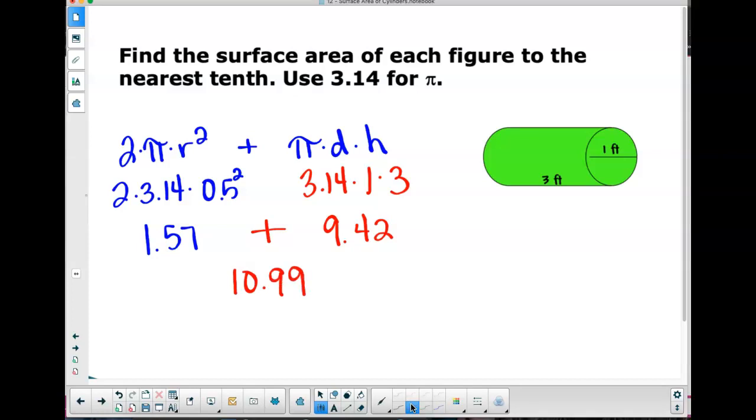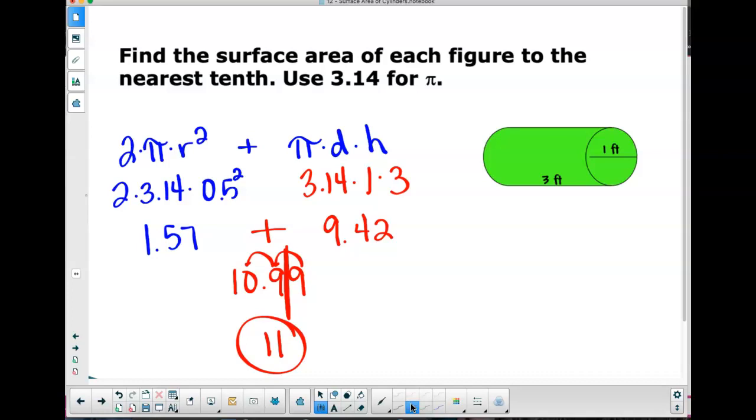If we're going to round to the nearest tenth, and you get 10.99, rounding to the nearest tenth would be what? 11, right? The 9 makes this a 10, which makes this 11. So that is our answer.